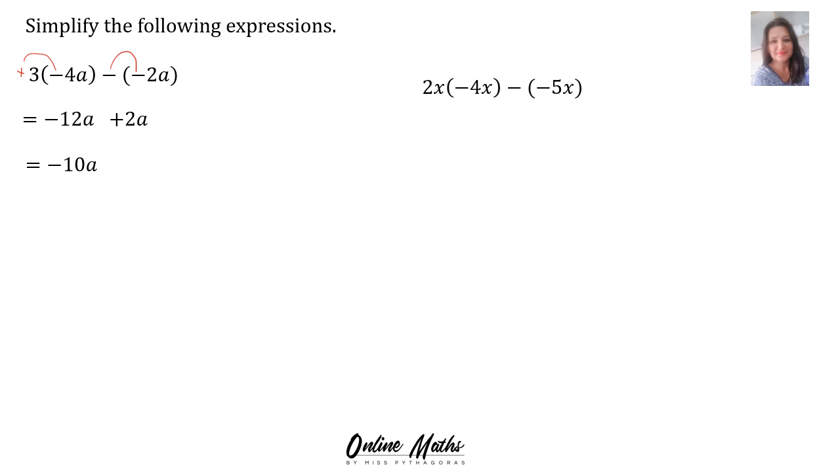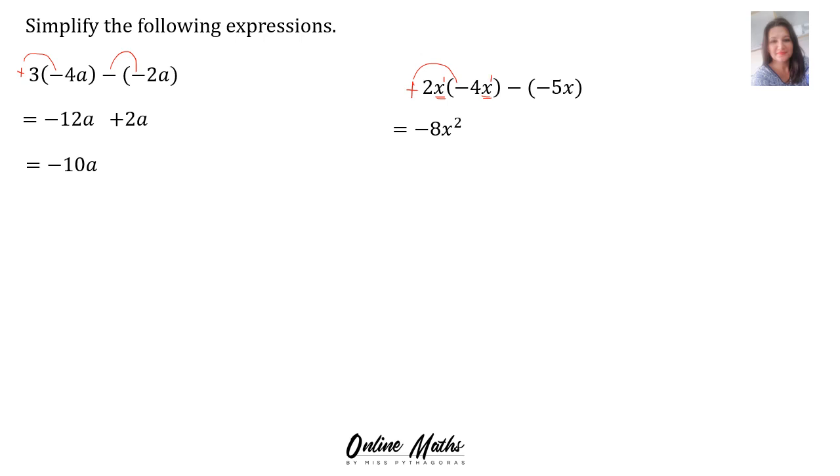The next example. Again, if there's no sign, there's an invisible plus. So we are going to say plus times a negative is a negative. 2 times 4 is 8. And then what happened on the x's? Remember, the rule is when you multiply and the bases are the same, you add exponents.